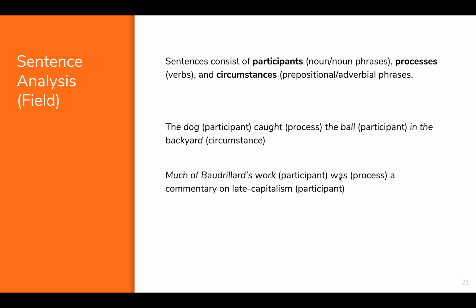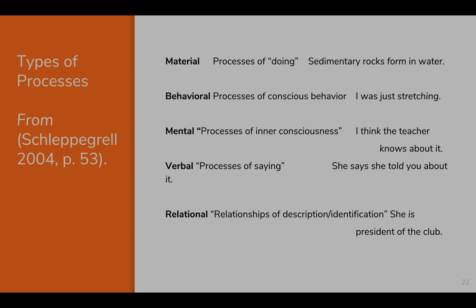Was is the process of relation, relating much of Baudrillard's work to this other participant, a commentary on late capitalism. My only point to get across here is, although academic writing can be very complex, it still is just made up of participants, processes, and circumstances.